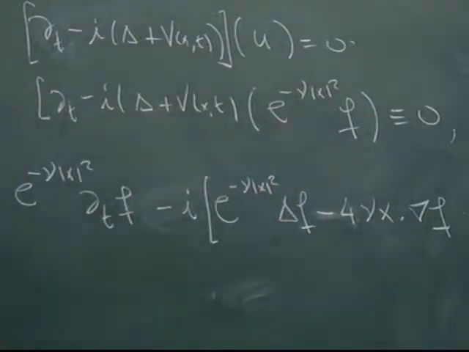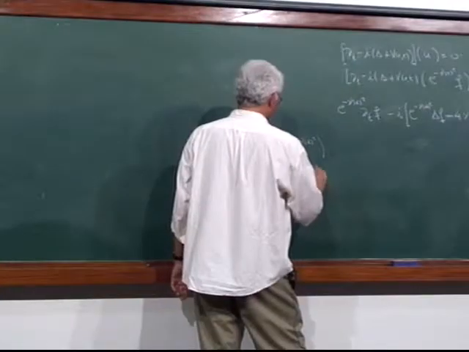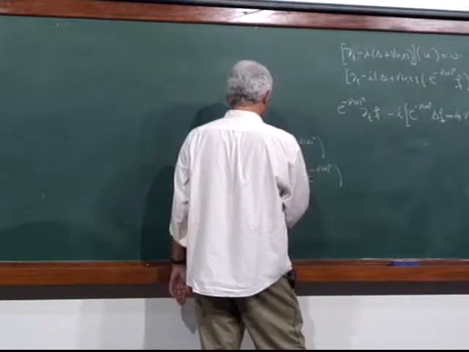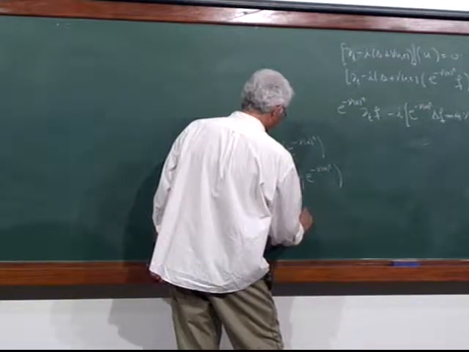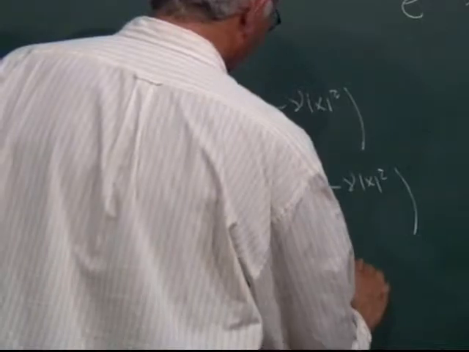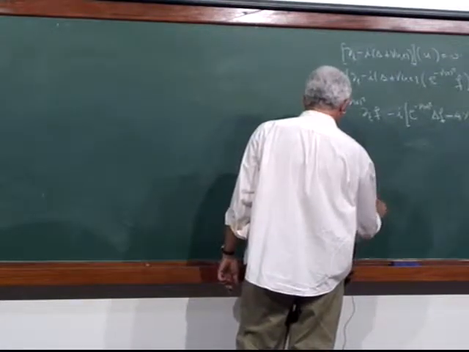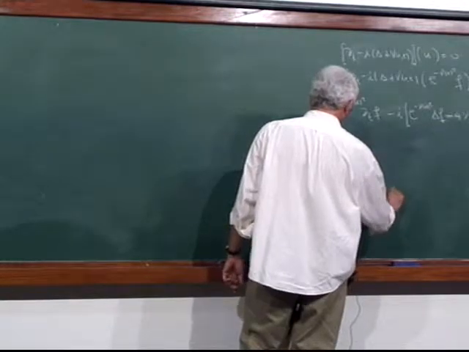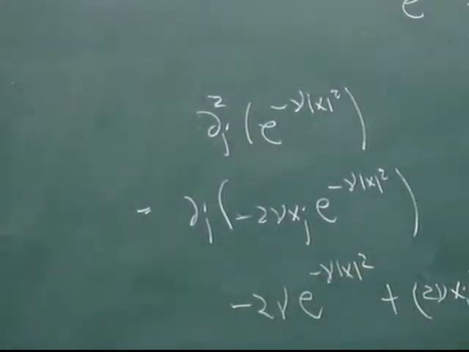Okay, what is the Laplacian of this? It's going to be minus twice c x sub j e to the minus x squared. Then if I take another derivative, it will give you minus twice a. If I take another derivative, it will give you plus this. Then this is going to give you minus 2cn.